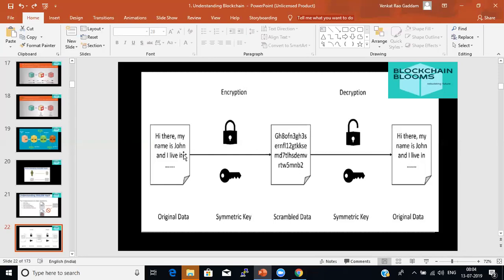During data transfer in the network, it will be in encrypted form, and the receiver will get the original content with the help of the same private key. Whereas with a hash code, that is not possible. So these two mechanisms are providing us data security. Number one is the hash code. Number two is encryption and decryption. We'll go into this more in depth somewhere in session number 5 or 6.